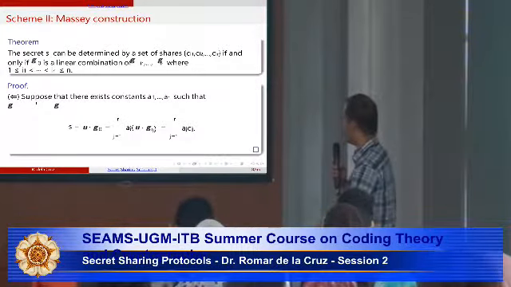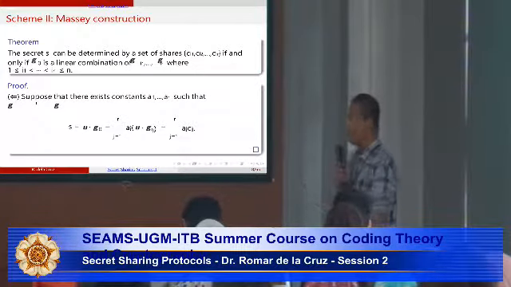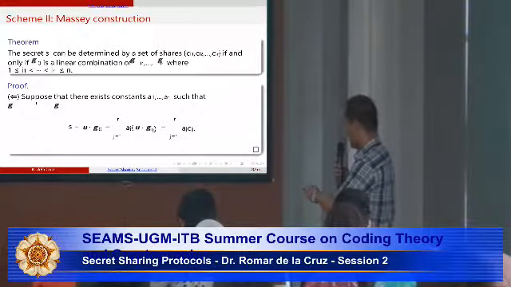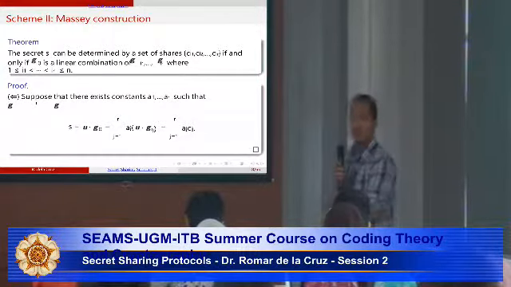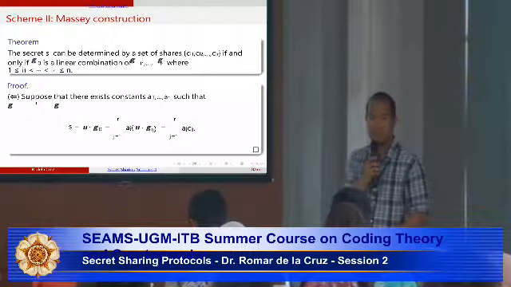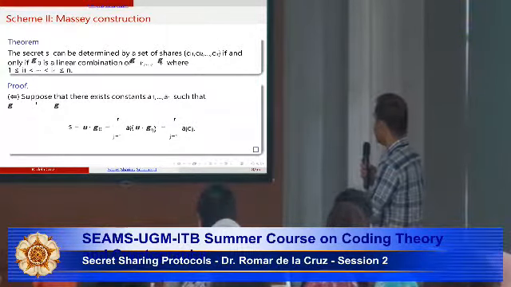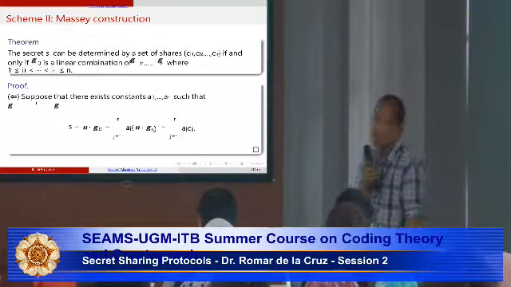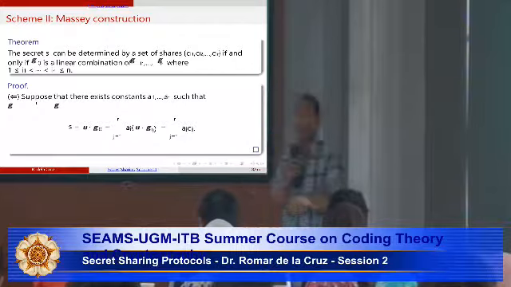The secret is the inner product of u and G_0, and G_0 is equal to this linear combination, so you will obtain this. At the end, what you get is a linear combination of the shares of the participants. So with their shares, they can recover the secret. A similar idea works for the other direction of the proof.